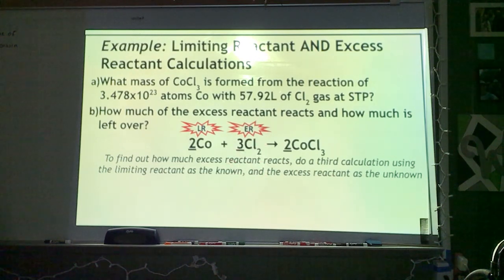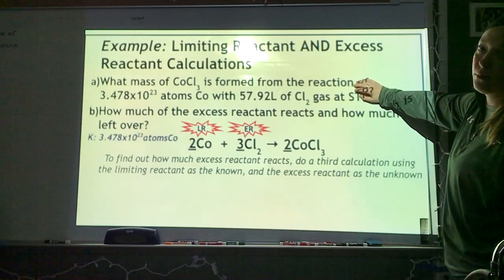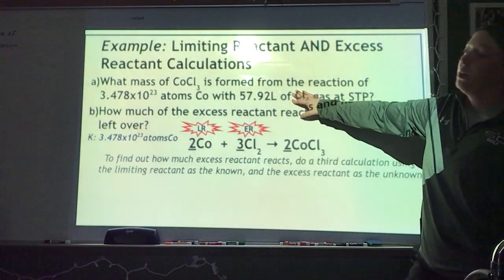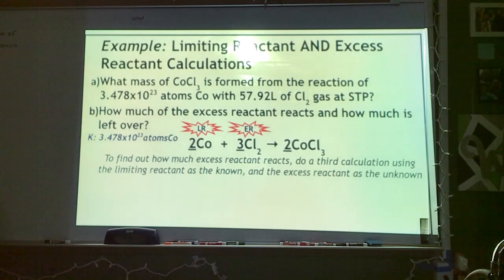So we're going to start with our limiting as our known, and we're going to convert that to our excess, which is our unknown. And again, we're just using the numbers given to us in the problem because these are the two amounts that are being used in the reaction. So we want to figure out how much of this excess is left. So we start with our known, which is our limiting reactant. We have our unknown of liters of chlorine. So we're trying to figure out how much was actually used.